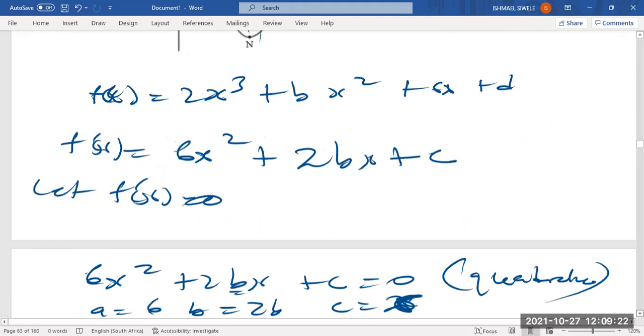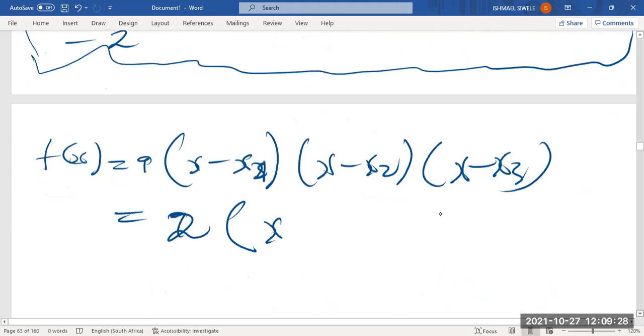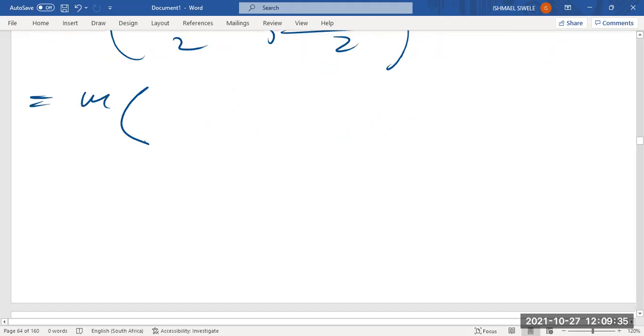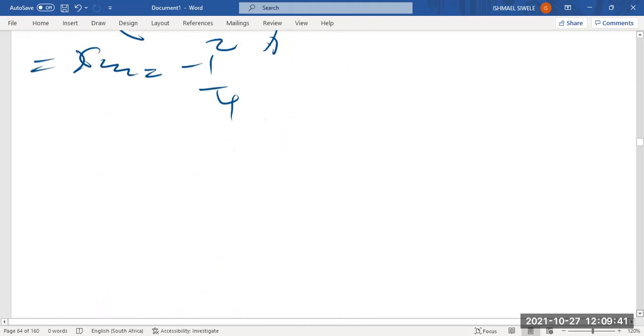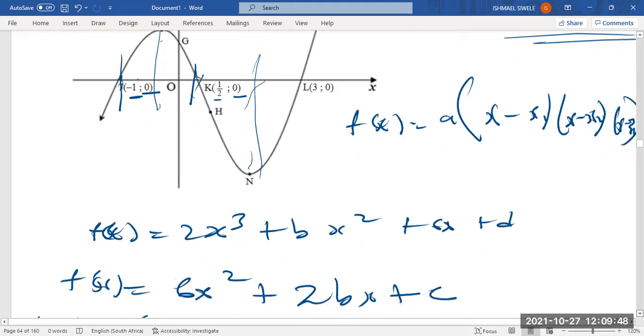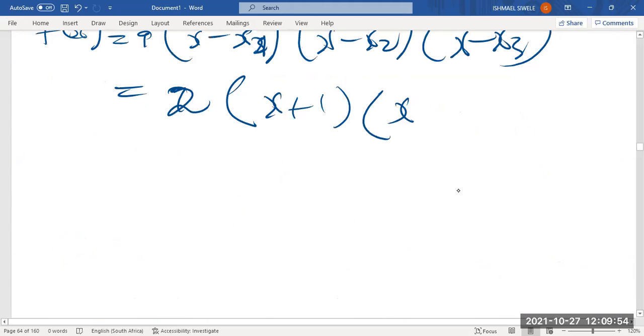Then the other x is minus 1 over 2 or plus 1 over 2? Let's check. Yes, 1 over 2, and then that one is 3. So x minus 1 over 2, then x minus 3.